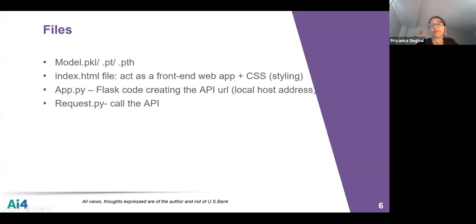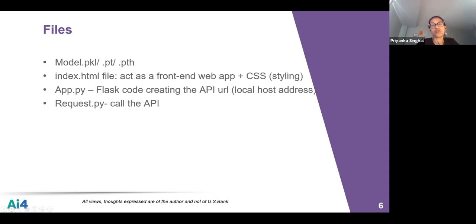So there are a couple of files that you will need for your Flask implementation. The first is, of course, your model, which once you create it on this data set, you will save as a pickled file. The next is your template, which is your HTML file, and that will act as your front end. And then CSS is the styling.